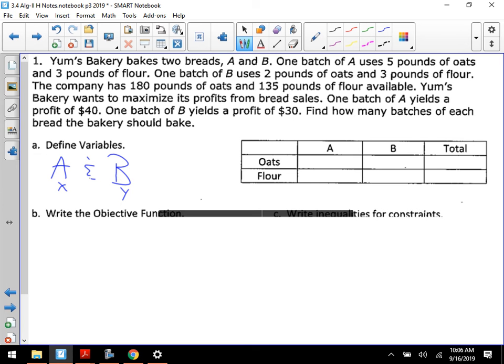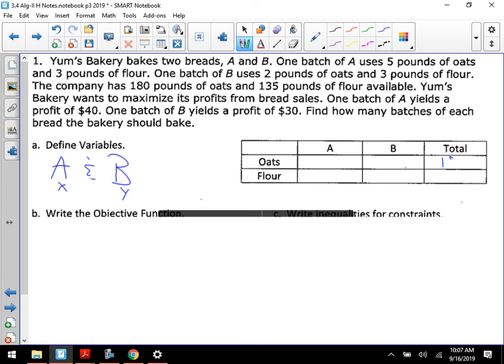Now here's how this table thing works. Did everybody agree that there are two parts in this, two ingredients they gave us, oats and flour? And each batch had a certain amount per each, and it also had a total. So if you look at it, we knew how many pounds of oats were there and how many pounds of flour? 180 pounds.